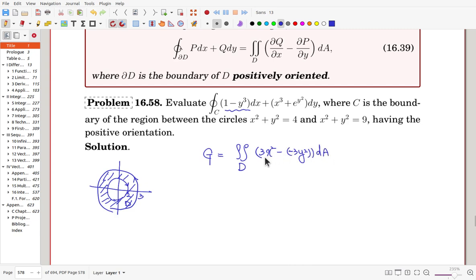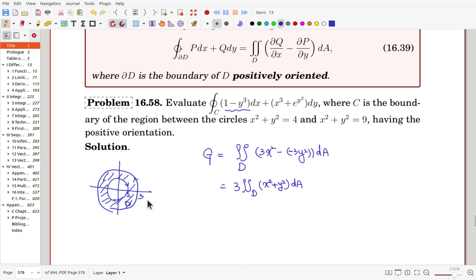So that will be 3 times x squared plus y squared. So we may write here 3 out of the integral as it is constant, and this is x squared plus y squared dA. So if we evaluate this region integral, then we're done, right?